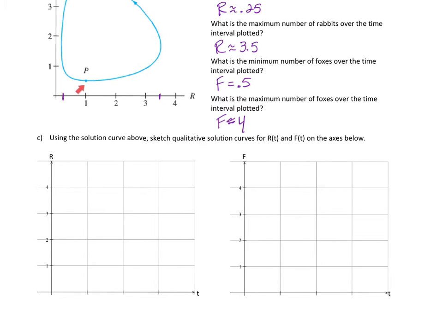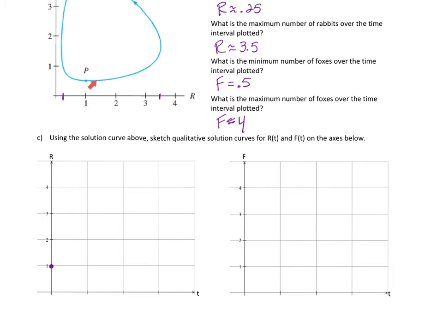If I start here, this is my initial condition. The number of rabbits is 1, so at time t equals 0, I know there is 1 rabbit. That's the only exact point I know. Then I'm going to follow this curve around and track how many rabbits there are.